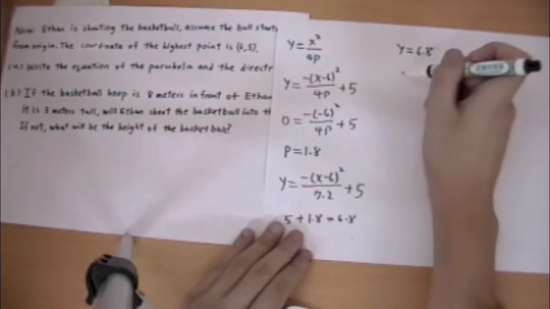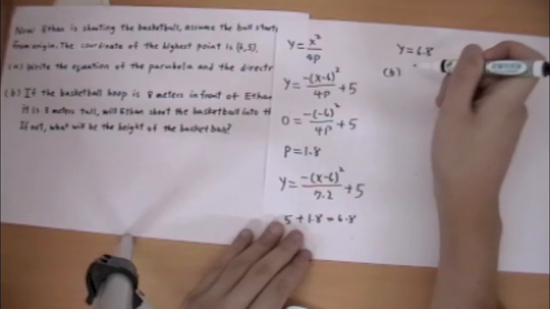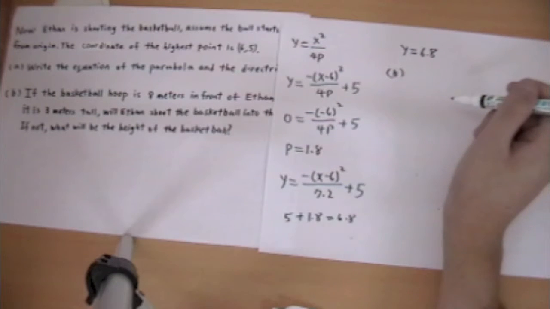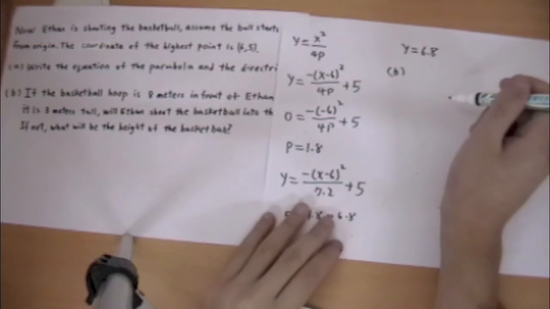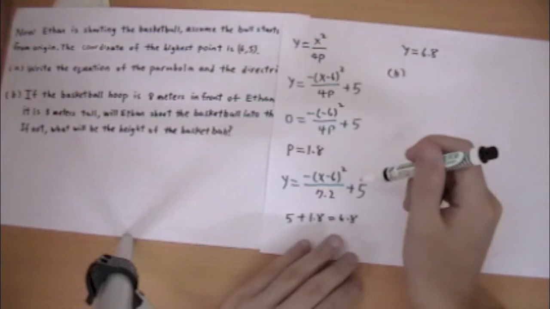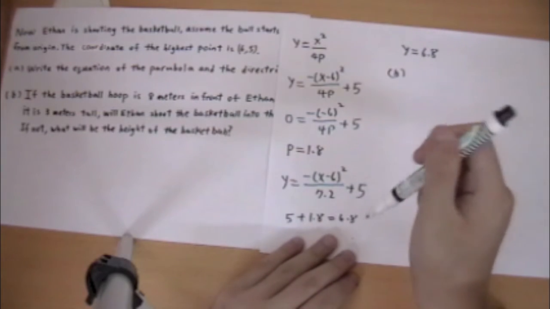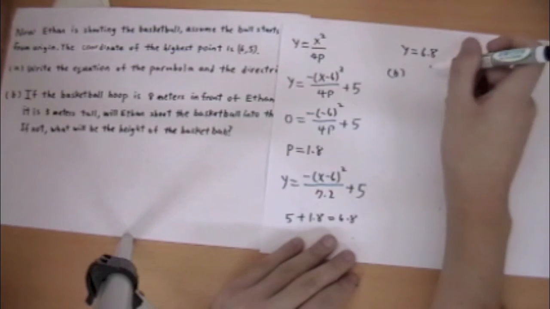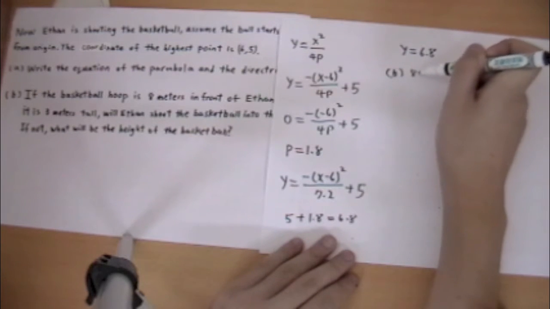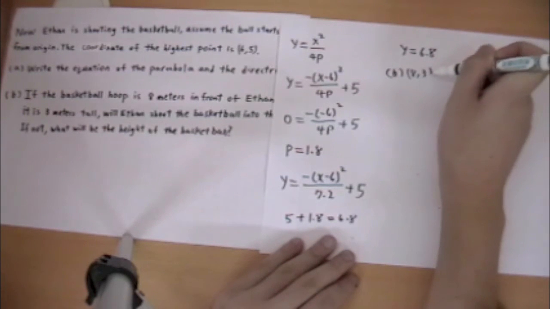And for b, we need to plug in the numbers and see if it is equal, so we can tell whether it is shooting a basket or not. So now we have the equation of the parabola. We'll plug the numbers 8 and 3 into the equation.